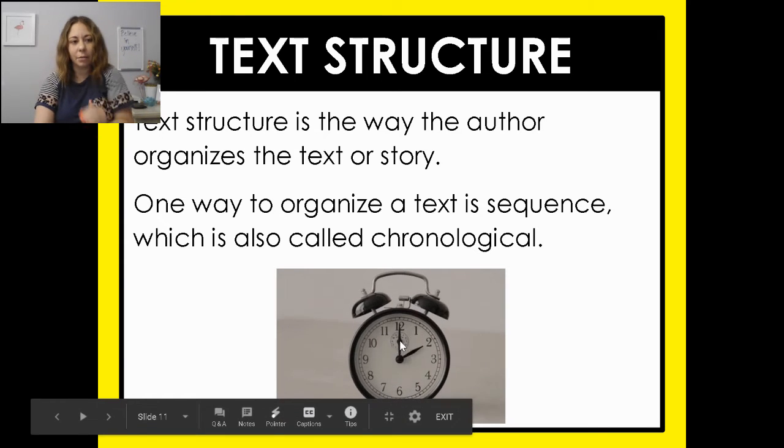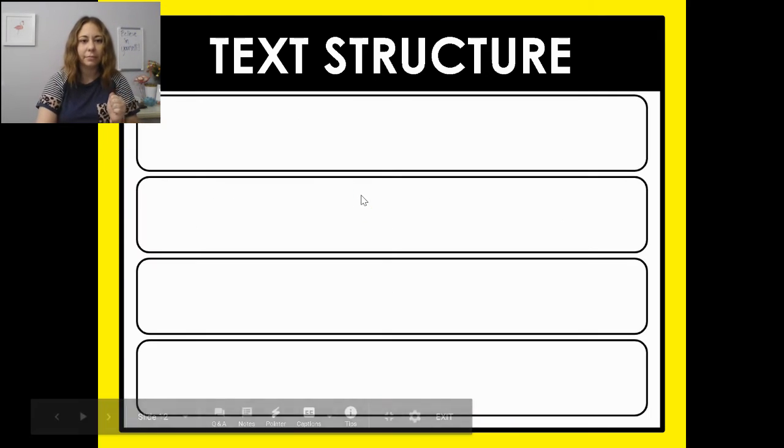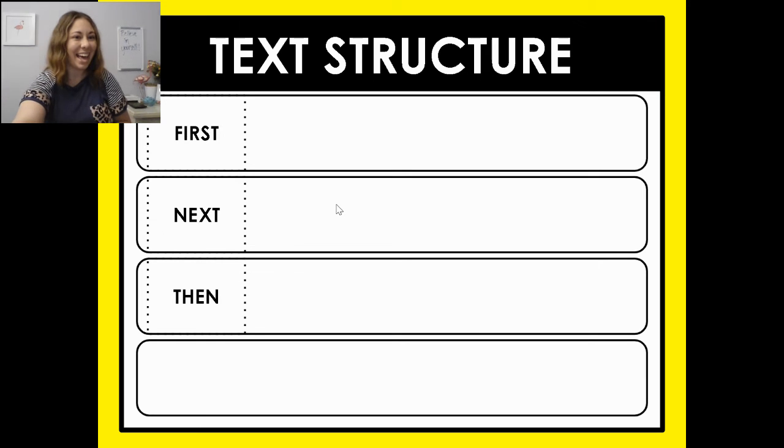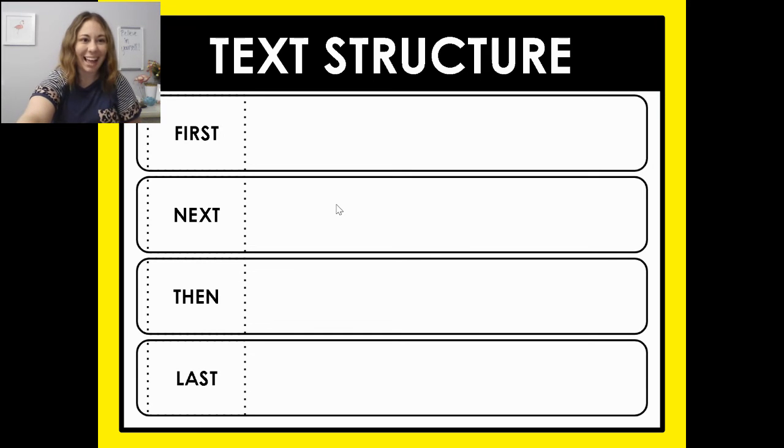Time keeps ticking. Tick, tick, tick. So we are going to use a graphic organizer to go over the main events of how they determined that the skeleton actually belonged to King Richard III. When we are using a sequence text structure, we can use words like first, next, then, and last.